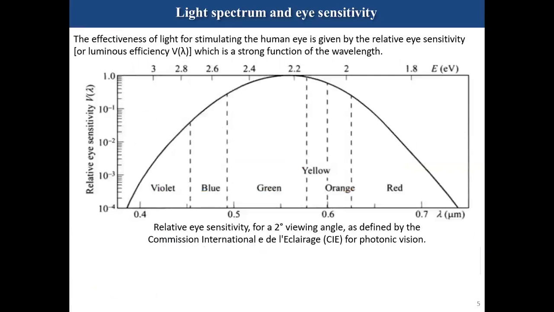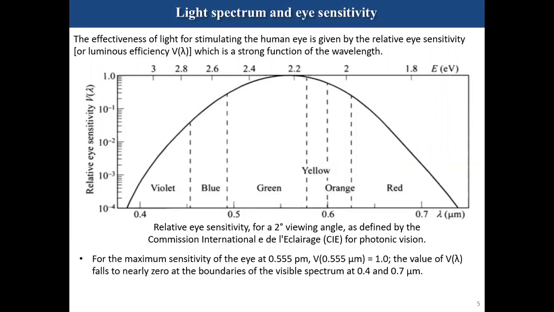Now, the effectiveness of light for stimulating the human eye is driven by the relative eye sensitivity, a luminous function, which is a strong function of wavelength. The maximum sensitivity of the eye is at 0.555 µm, and the value of this falls nearly to zero at the boundaries of the visible spectrum, 0.4 up to 0.7.